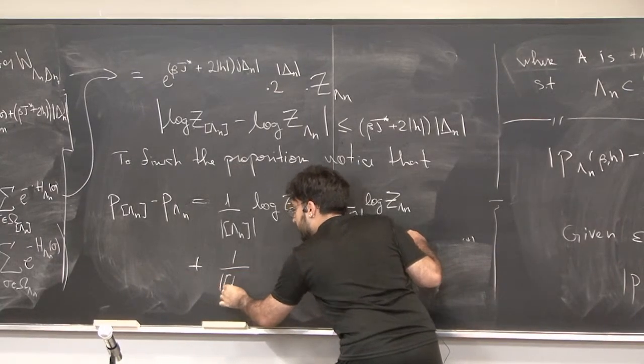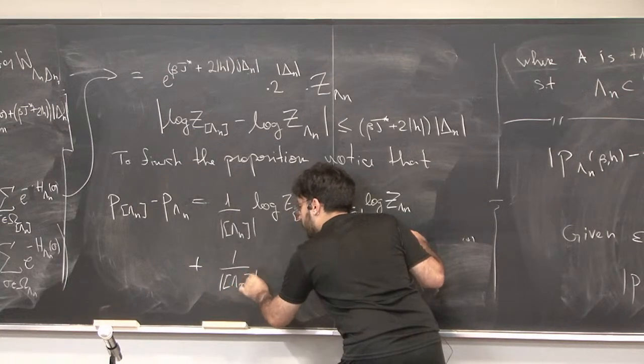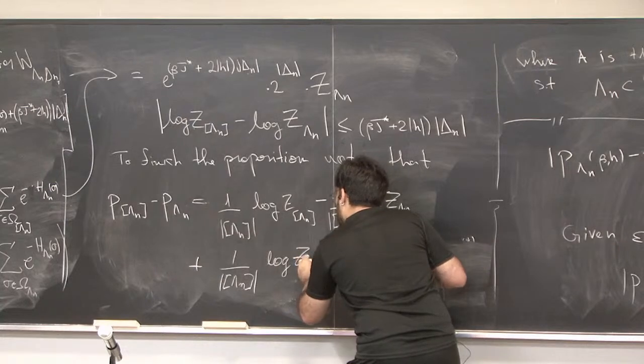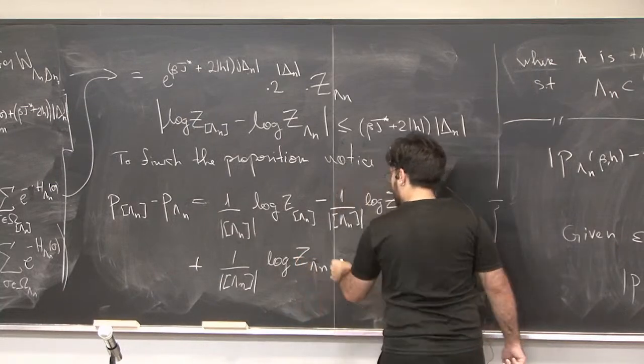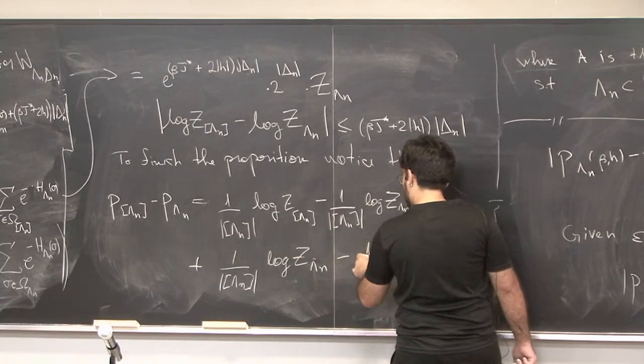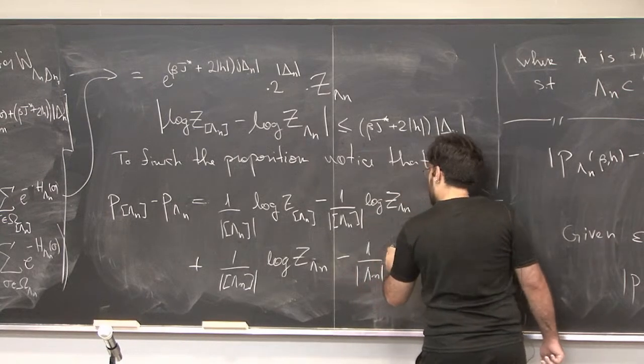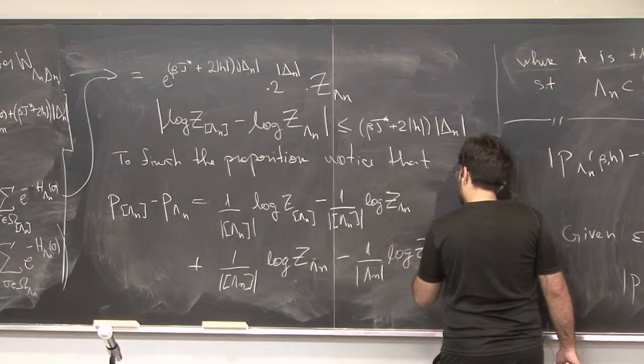So this adds up to 0. Minus 1 over lambda n log z lambda n.